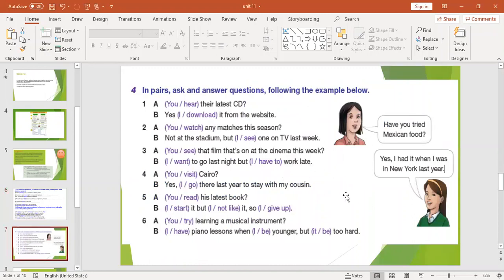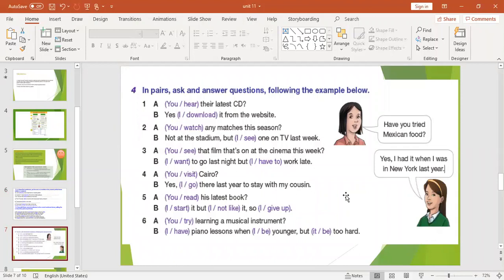A very good activity to be done in pairs here. I'll start by explaining the examples, and then you'll be given the time to practice it. In pairs, ask and answer questions following the example below. Have you tried Mexican food?